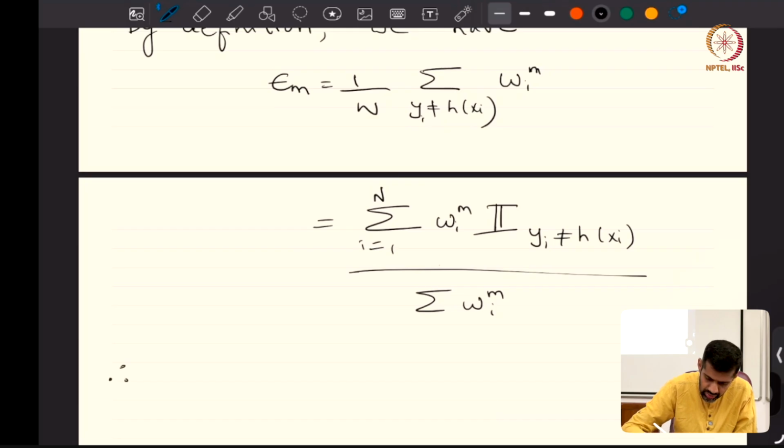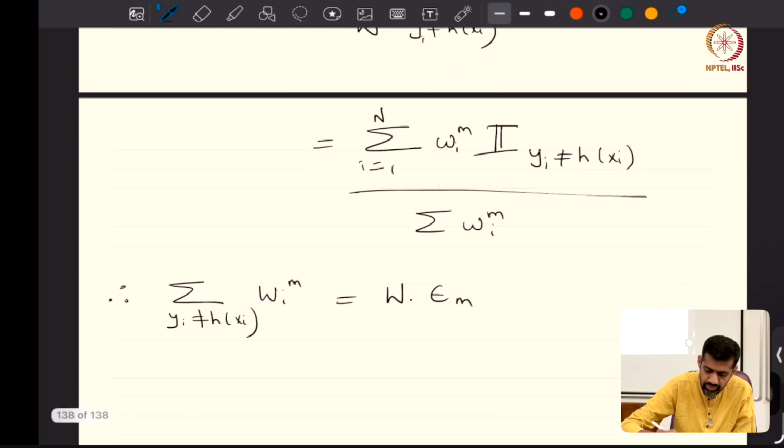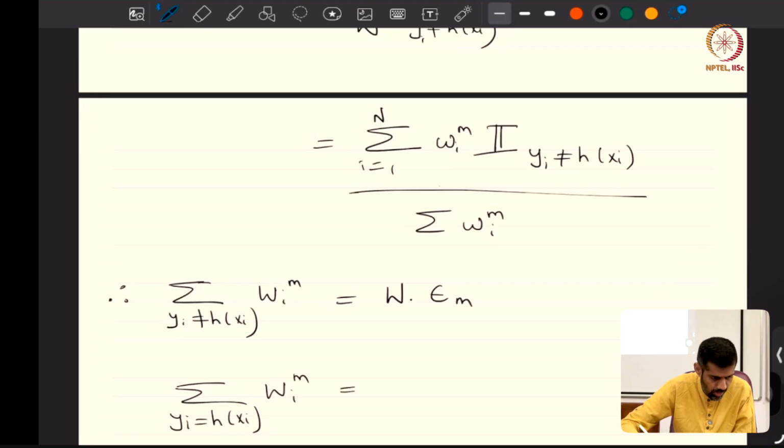Therefore, this term is equal to capital W times epsilon m, and this term is equal to W times 1 minus epsilon m.